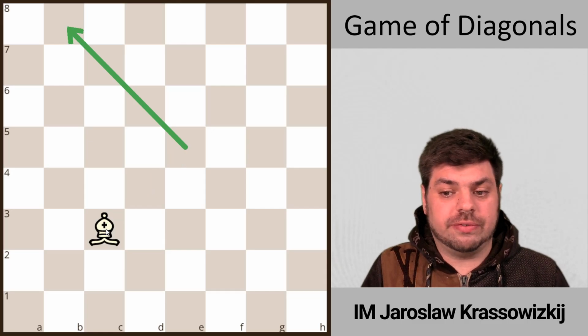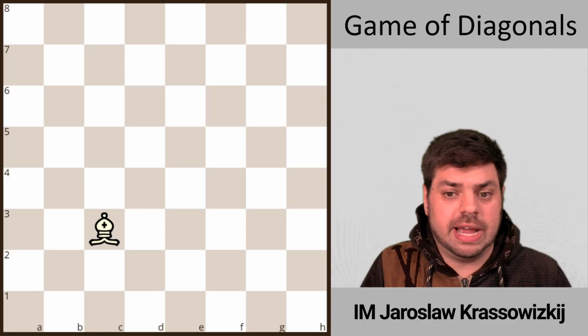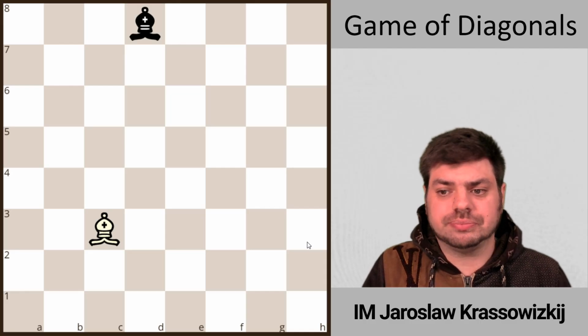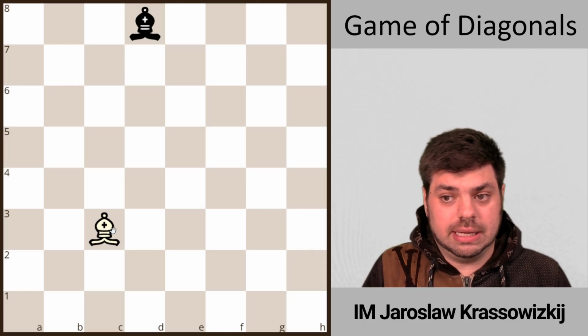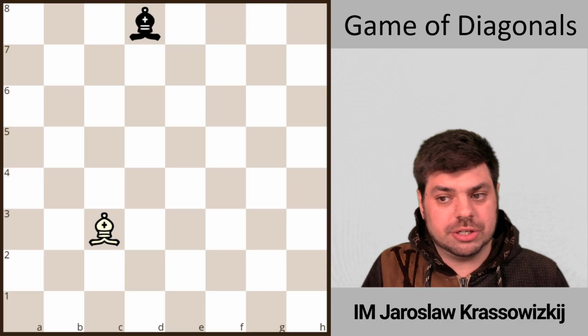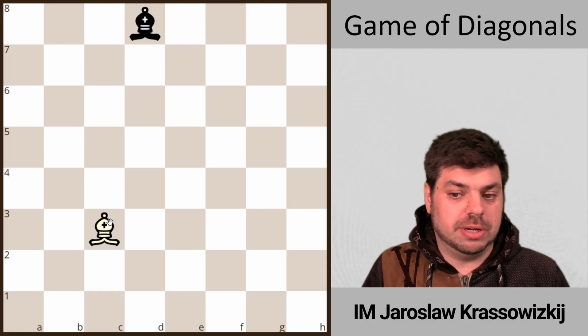I will give you two squares, and I'm using the bishops, but you can also use pawns or anything that you like. Well, imagine it in your head anyway. My goal is, in this position, to get the squares through which the bishop has to move.